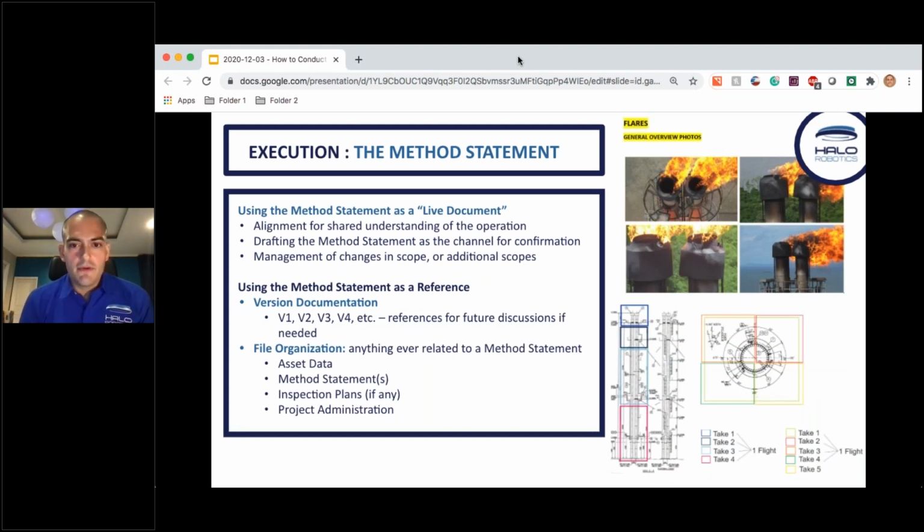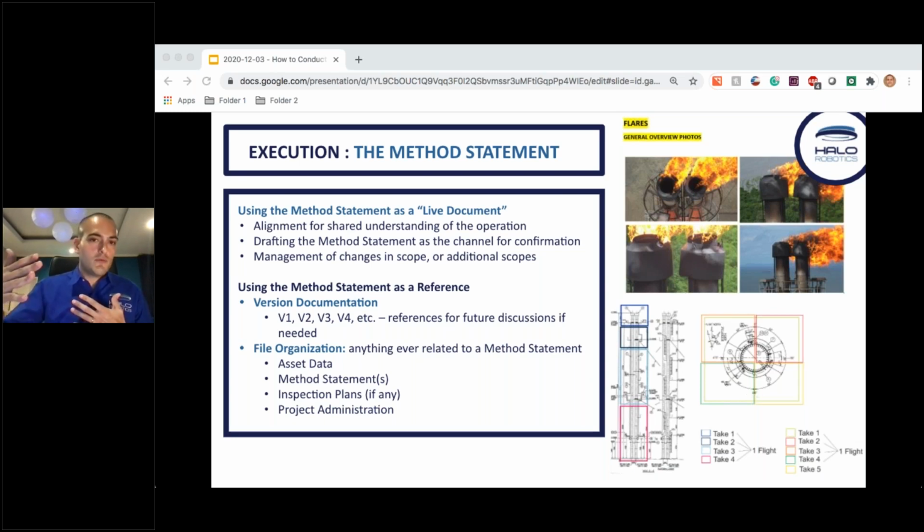We use the method statement as a very important part of the planning, the coordination, and execution of an operation. So we use it as a live document. We are a drone company and we work with asset owners, so that's the way our conversations happen when we do planning.